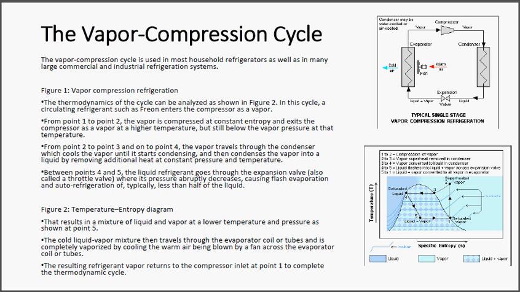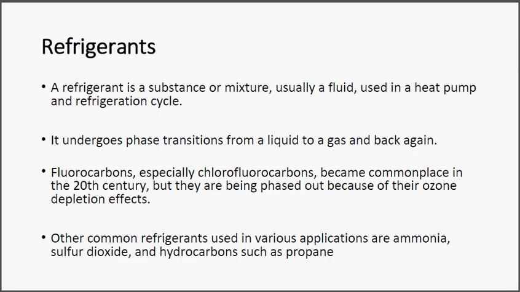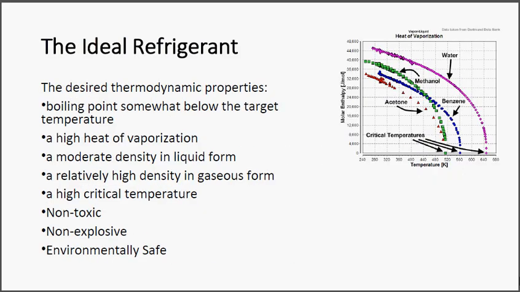Now this works, to some extent, with most liquids, but some liquids are really well suited for this, and they will actually allow you to generate temperatures below the freezing point, below 0 centigrade, and one of them is propane. I've got a list somewhere, let's have a look whether we can find the list.